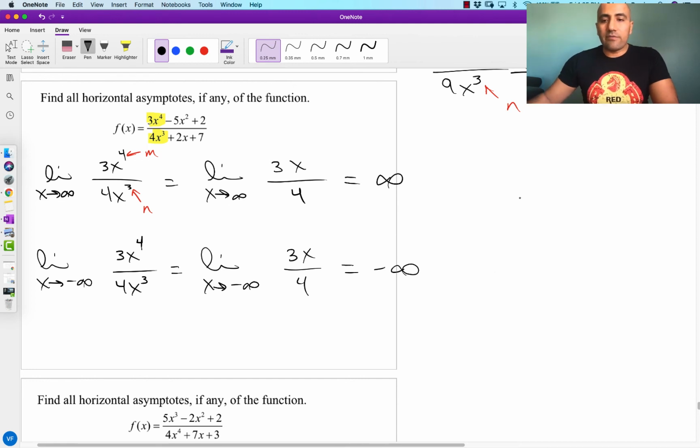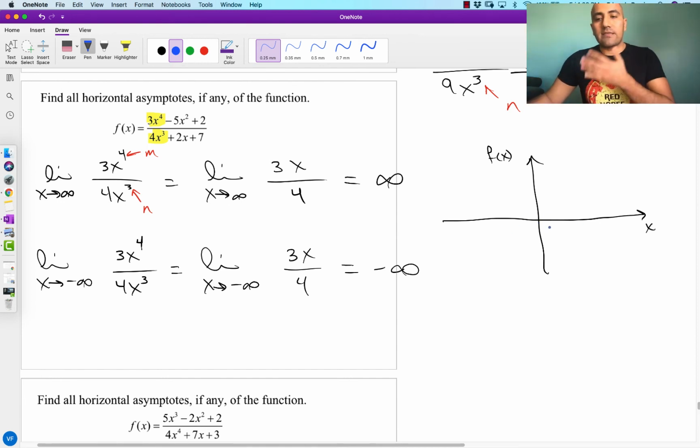So what we have discovered so far is that if I wanted to sketch the graph of this, here's x, here's f of x, I have no clue what happens for small values of x. If x is 0, if x is 2, if x is 9, I don't know. But I know that as I plug in very, very large numbers, as x grows toward positive infinity, this graph is just going to go that way, toward infinity.